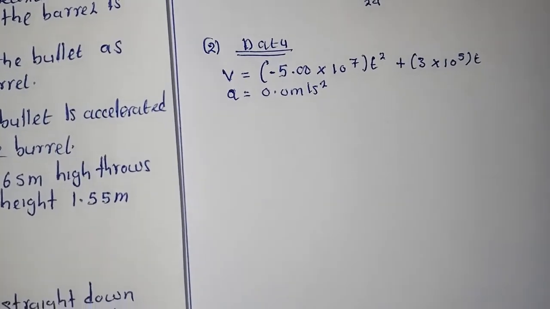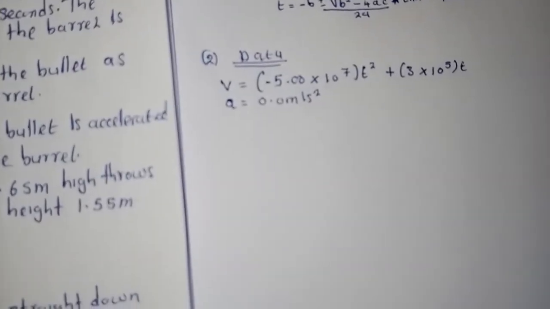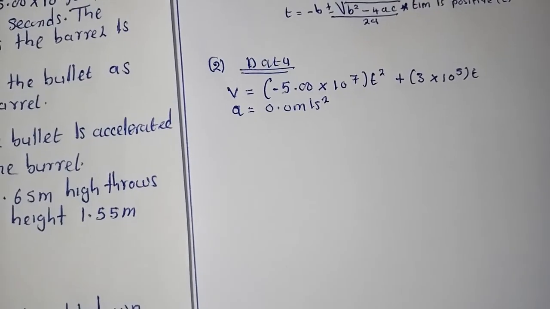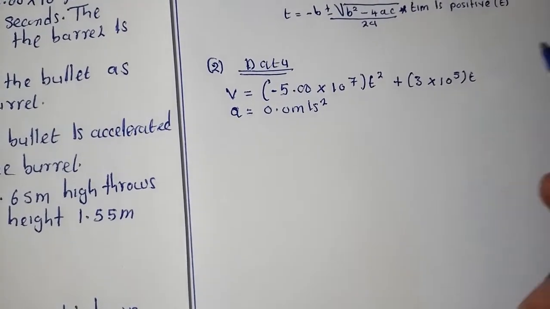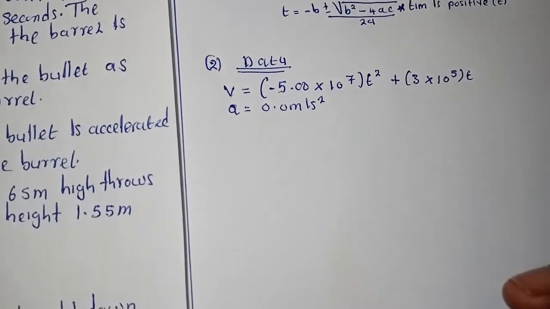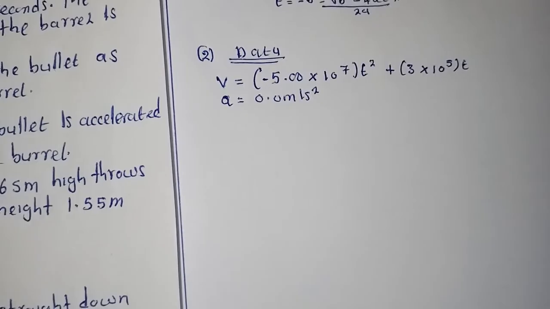Whenever you hear a question asking you to determine something as functions of this and that, just know that you have to involve calculus. So in this case, for us to come up with the expressions of the acceleration and the displacement or the distance, of course we'll have to involve calculus.